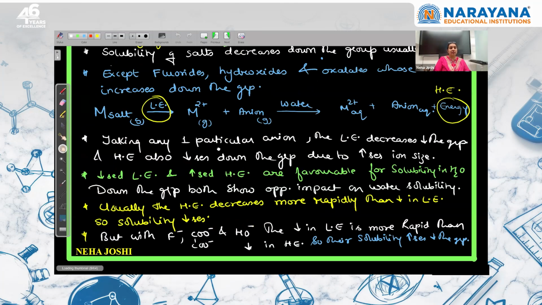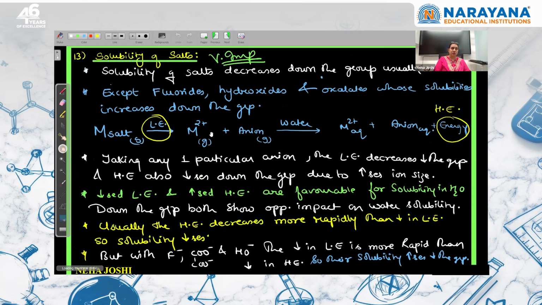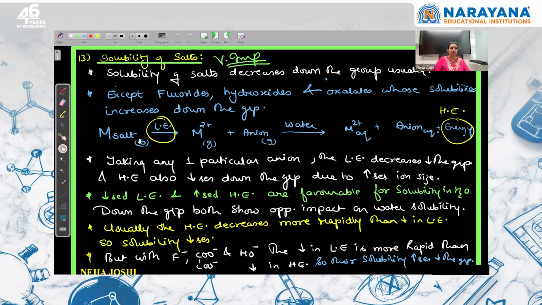This is a very important slide. Please take a screenshot if possible, though notes will be given. Solubility of salts, a general thing. Solubility of salts usually decreases down the group. As the size of the cation increases, heat of hydration decreases and solubility decreases.